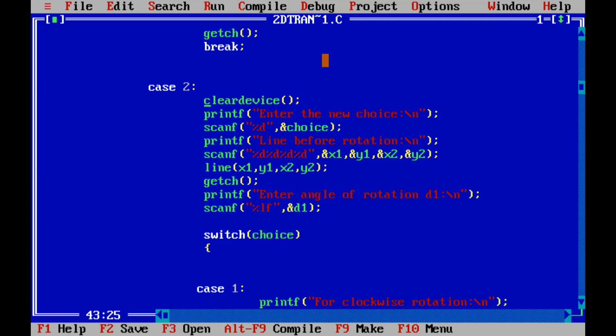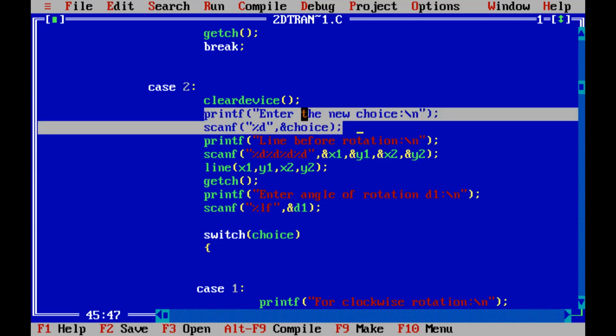Okay. So here the 2D object considered is a line. Earlier we have seen the rectangle. Here for rotation, the line is considered. So here the choice is taken from the user side for clockwise or anti-clockwise rotation.